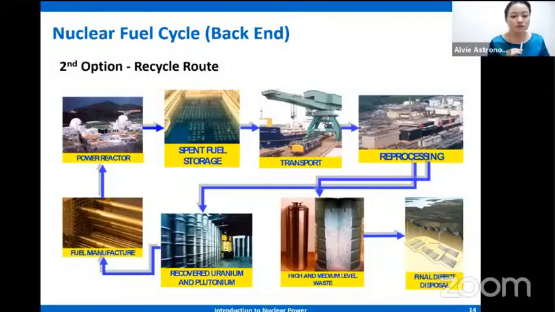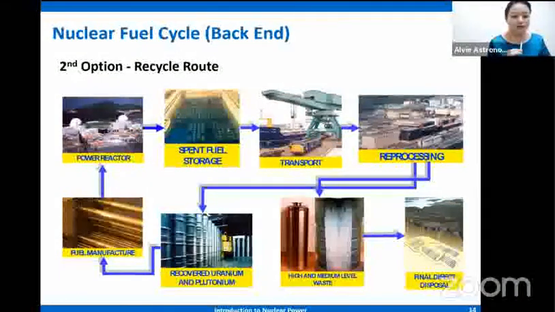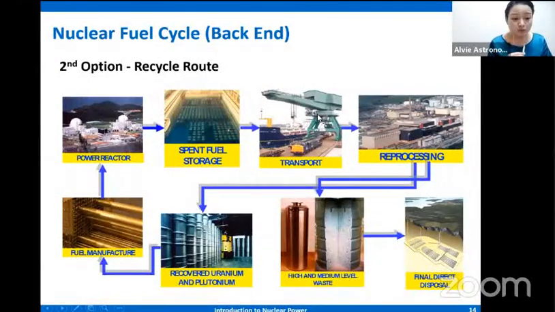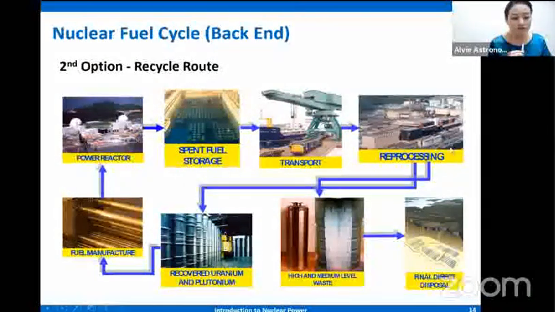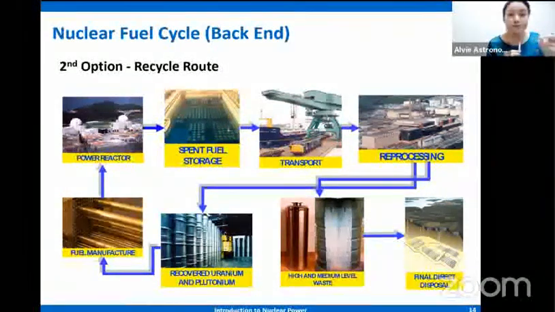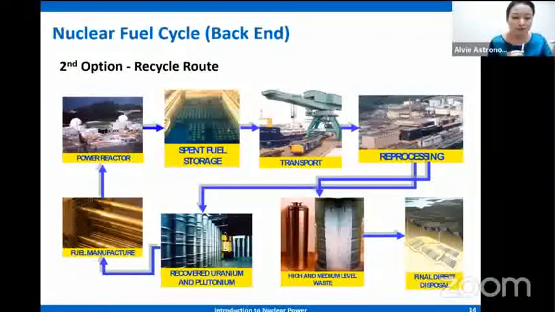There is also the option of recycling the fuel. From the power reactor, again, it will be stored in spent fuel storage. It will be transported, but instead of going straight to disposal, it will go through a processing plant. Remember that uranium is still usable. There's still some portion that's uranium-235, and plutonium is produced in the fuel.